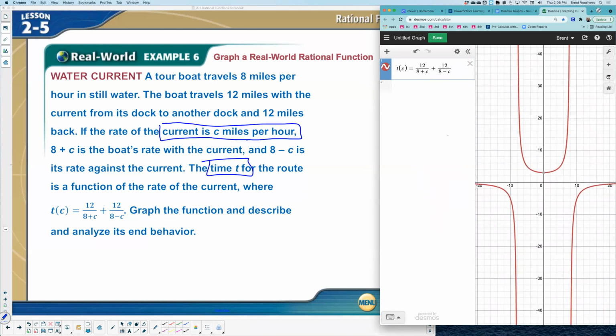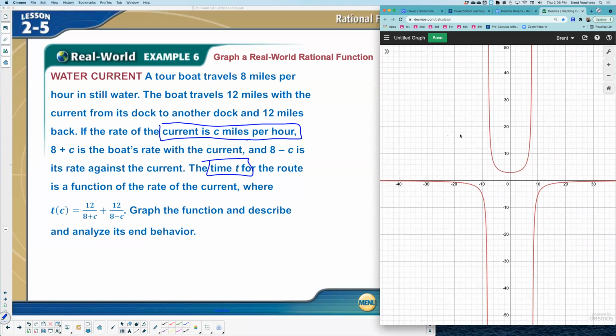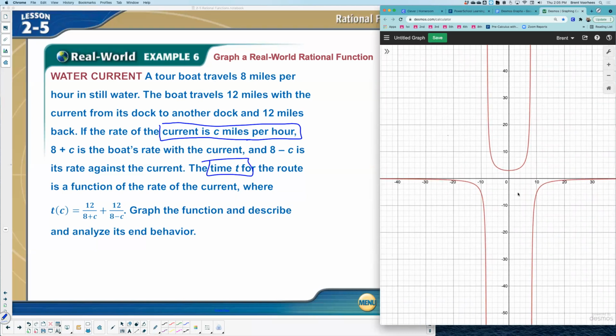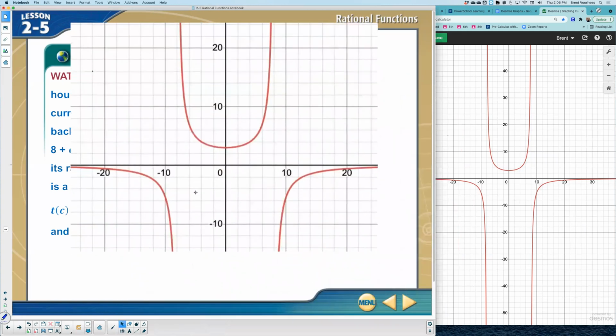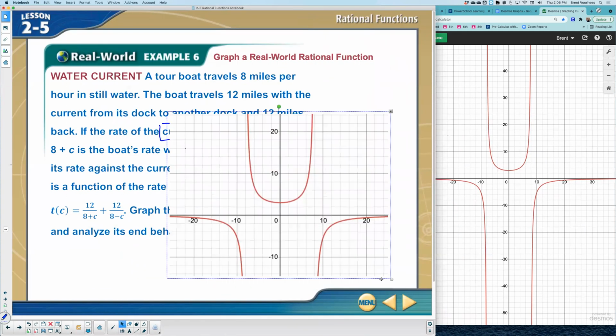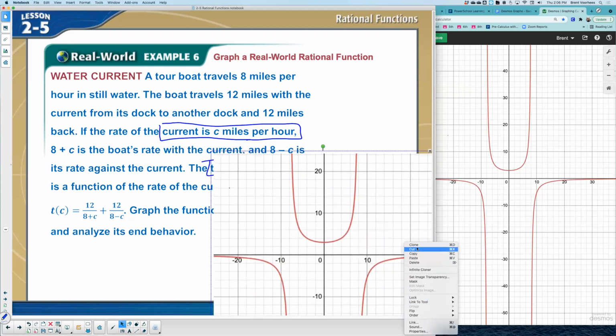I need to zoom out a little bit. And so here's our graph, and I'll take a picture of this and import it over. So here is the picture of the function. We've graphed it, and we're now going to analyze this. Let me put it over here in the corner.